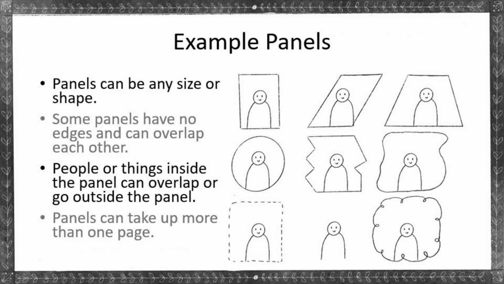Things can overlap in and outside of the panel, so someone could say, break the border of the panel, and then some panels don't even have any border at all, so you can have that option too. There are double page spreads or panels that take up more than one page, so that's another option that you have as far as panels go.